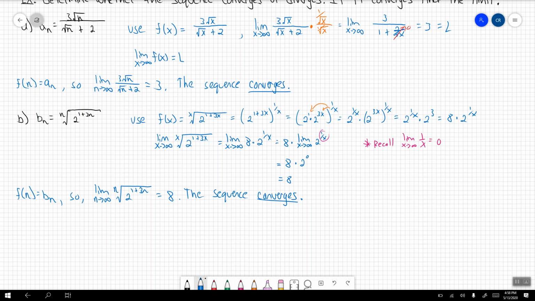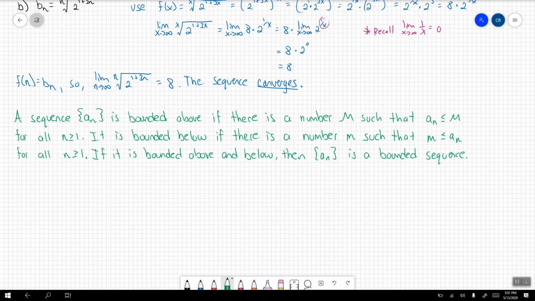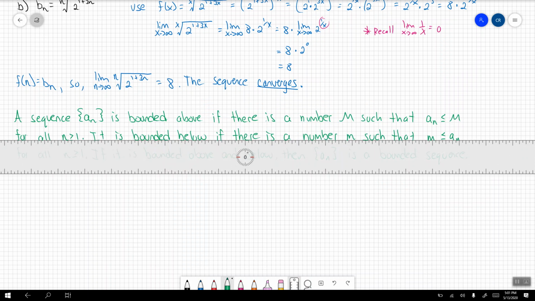All right, so let's talk about a function or a sequence being bounded. This is going to be one of those other important topics that we need. Here are the 3 definitions that we're going to need.